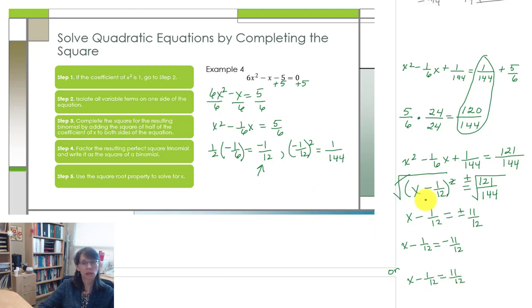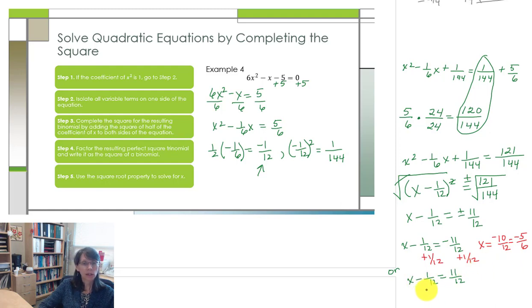So when we go ahead and solve these, first I'll add 1/12 to both sides of the equation. Negative 11 plus positive 1 gives me negative 10/12. Since those are both even numbers, it looks like we have some reducing to do. And that would be negative 5/6.